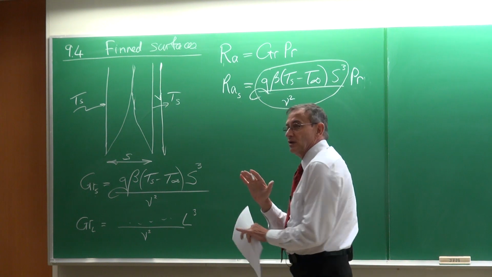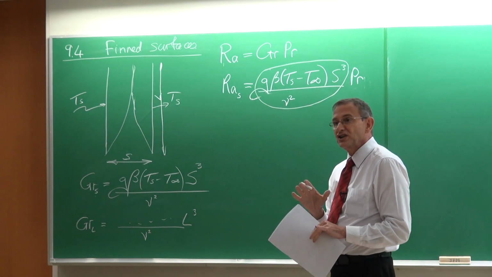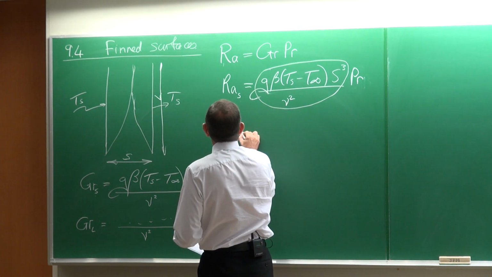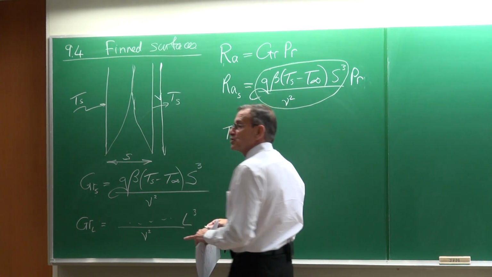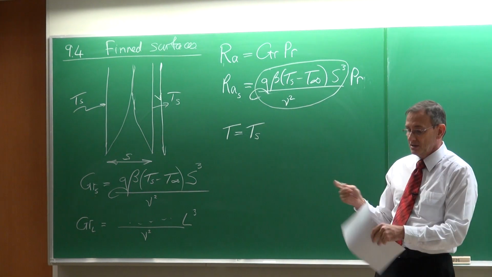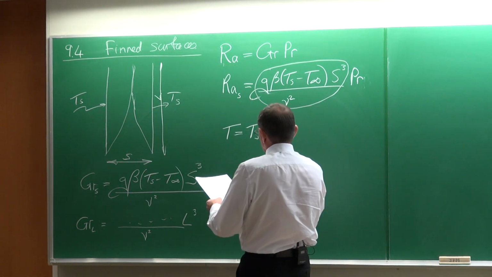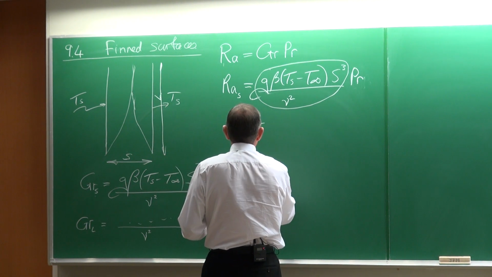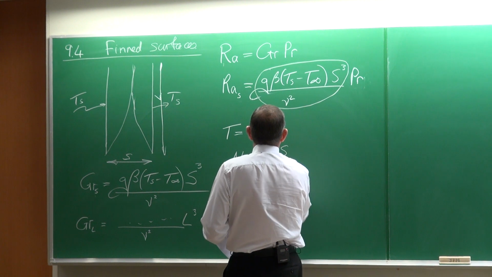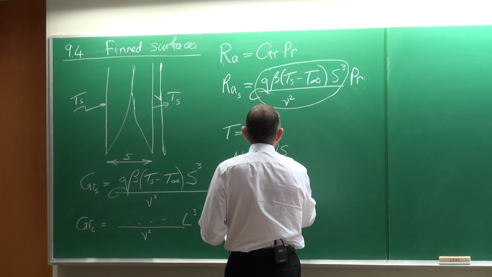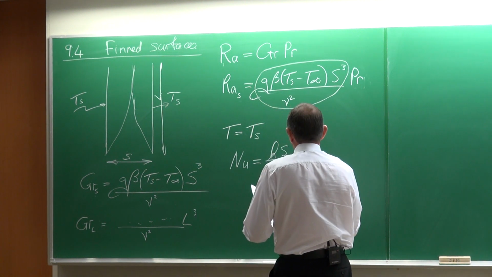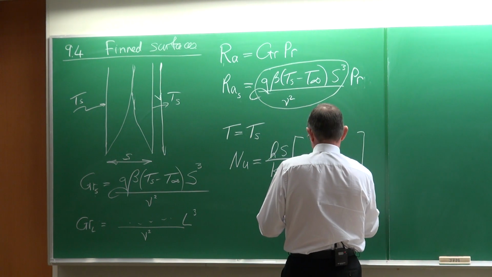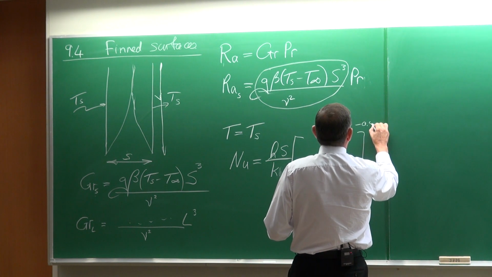In the textbook, information and equations are again given for two categories of problems. Firstly, where the surface temperatures remain constant. And then there's an equation, for example, that would give the Nusselt number, and the Nusselt number would typically be hS divided by k, multiplied by something to the minus 0.5.